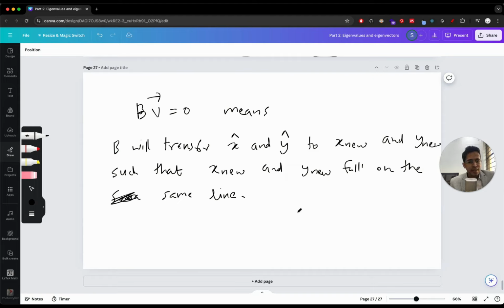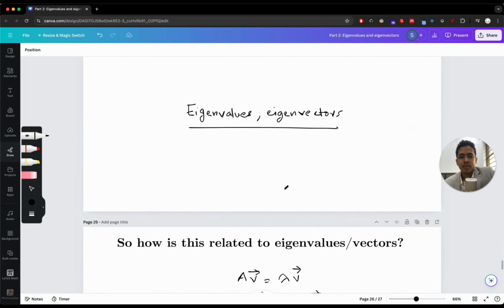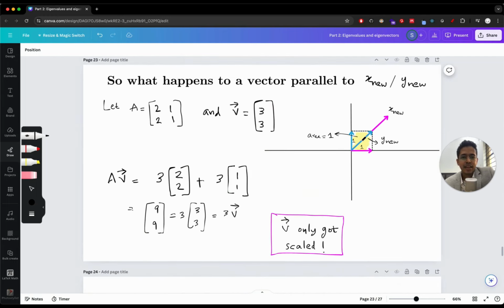And so what does this mean? If they fell on the same line, you would remember from the previous slide, if X new and Y new fell on the same line, then this happens when the determinant of the transforming matrix is 0.